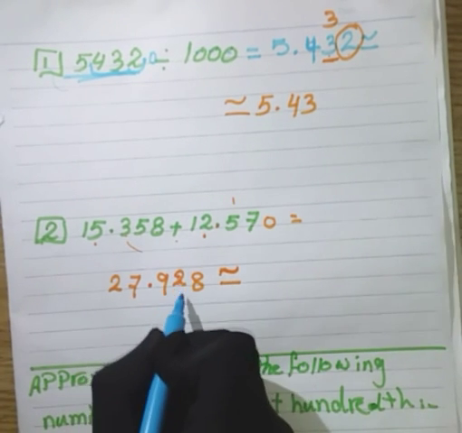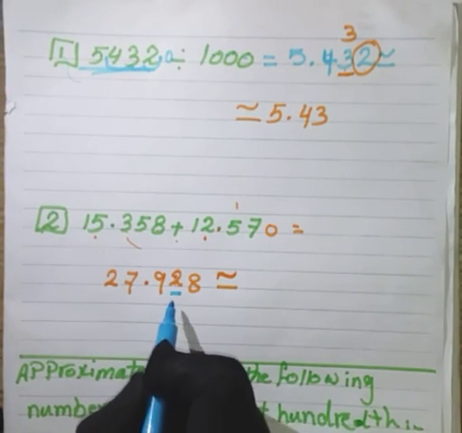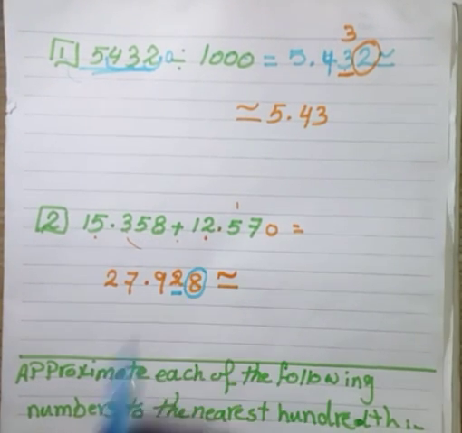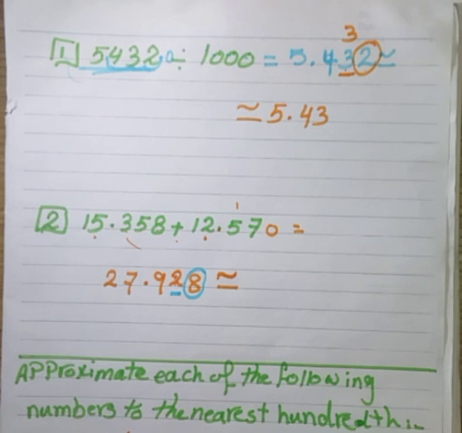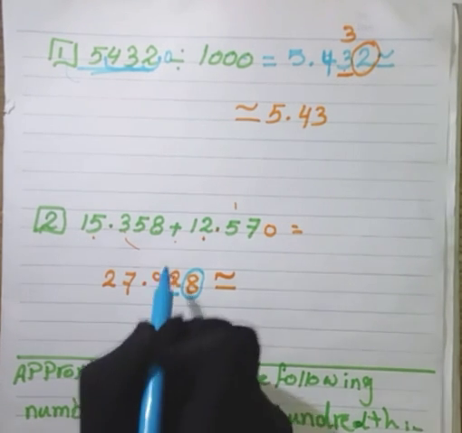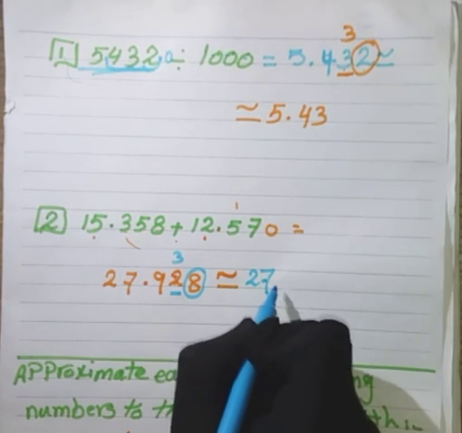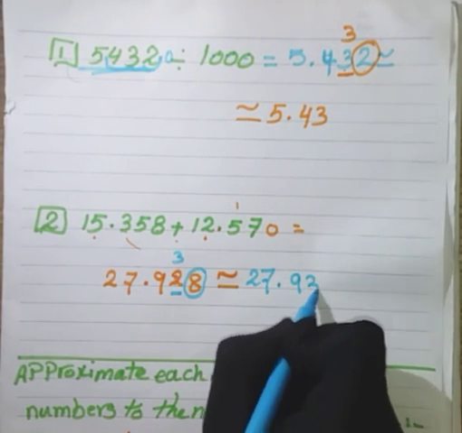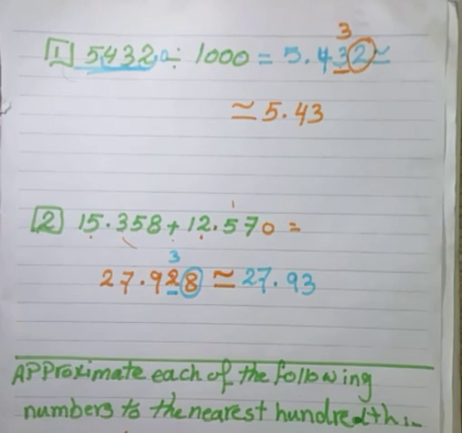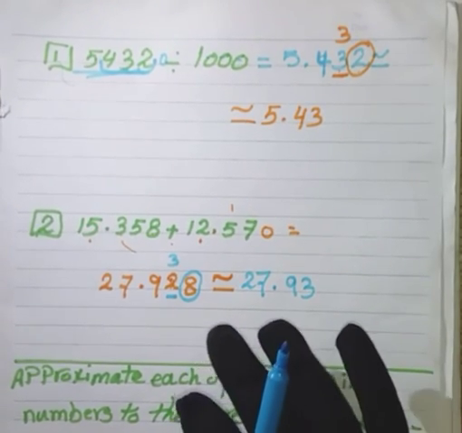The hundredth place here is 2. So underline 2 and circle 8. Is 8 strong or weak? 8 is strong, which means this 2 is going to be 3 now. 27 and 93 hundredths.